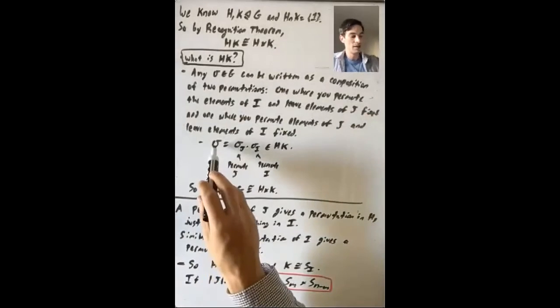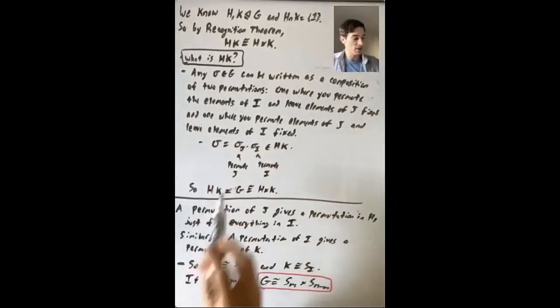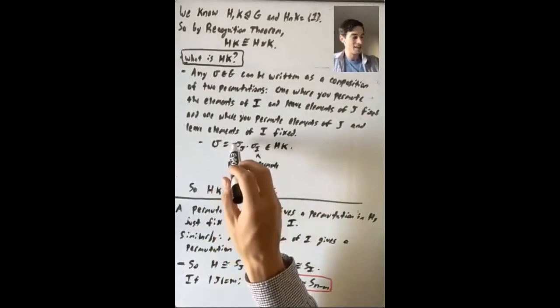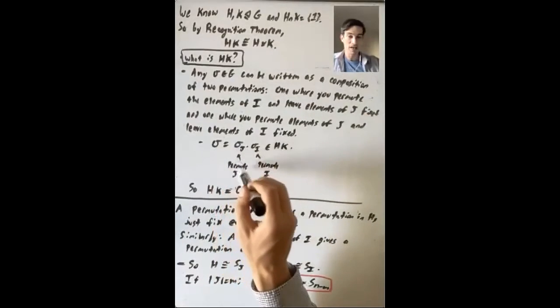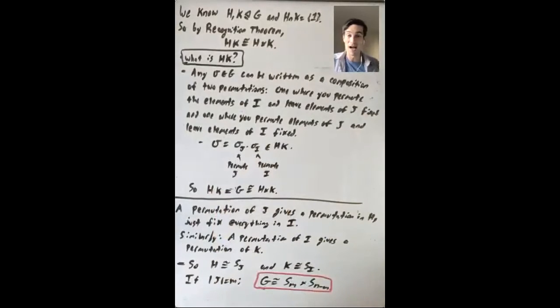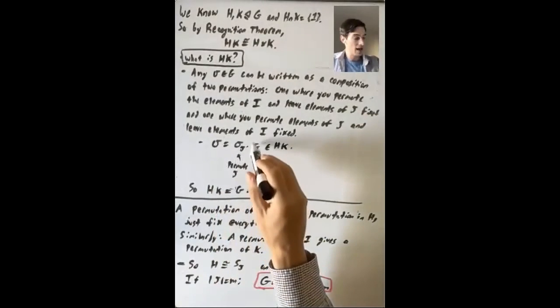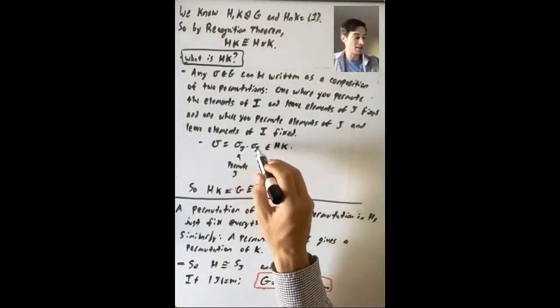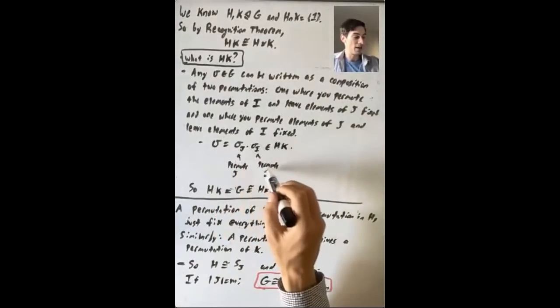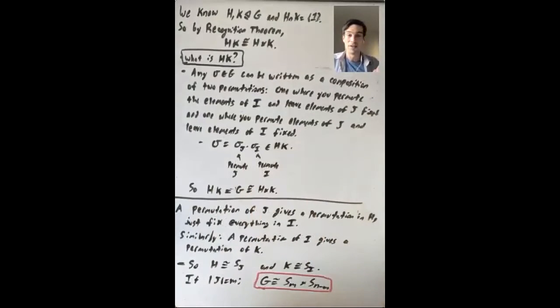So this permutation sigma in G can be written as sigma J, where you permute the elements of J and leave the elements of I fixed, times something where you permute the elements of I and you leave the elements of J fixed pointwise.